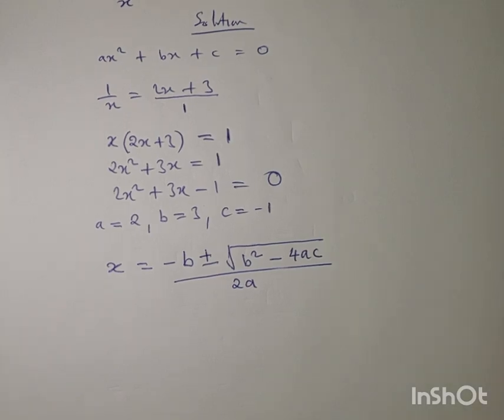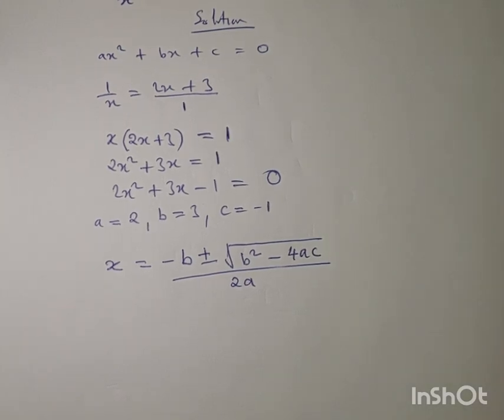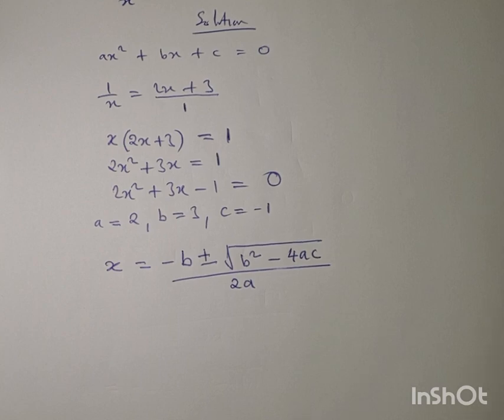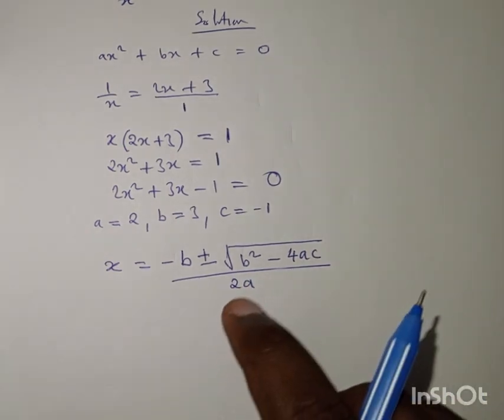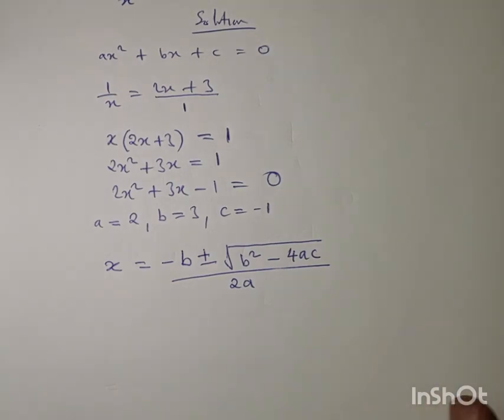This is the simplest method, in the sense that you just substitute for a, b, and c. We already know the values of a, b, and c, so you just substitute them in the formula.